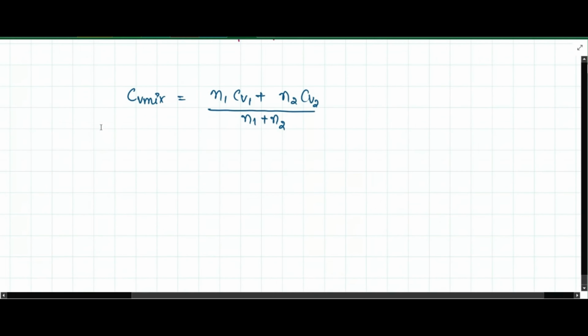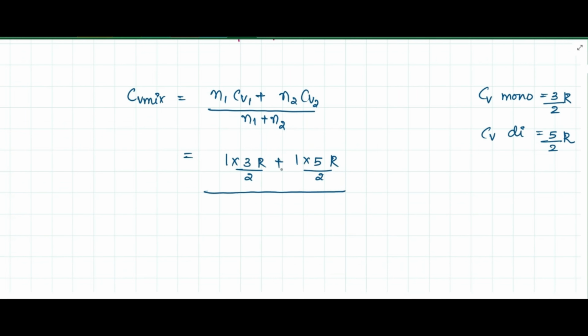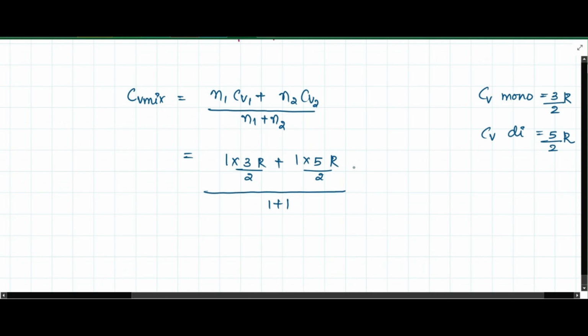Cv for monoatomic gas is 3 by 2R. Learn the values. Cv for diatomic gas is 5 by 2R. If you put these values, 1 mole of monoatomic gas, 3 by 2R, plus 1 mole of diatomic gas, 5 by 2R, divided by N1 plus N2, 1 plus 1.